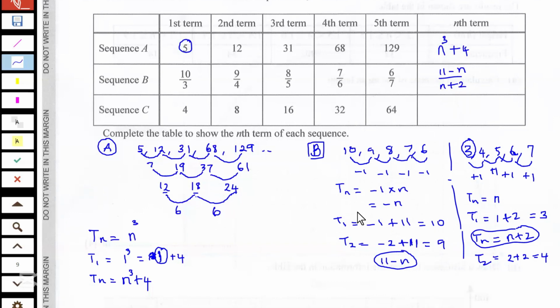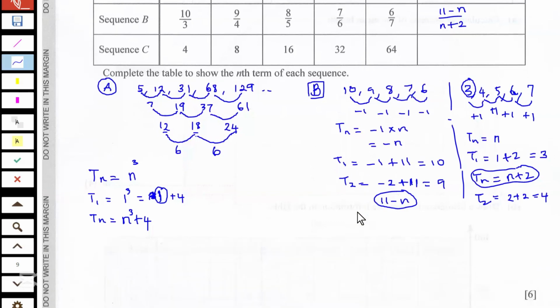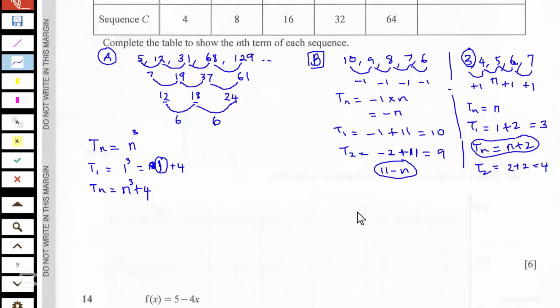Now, for the last sequence, sequence C, we have the list of the terms here. The terms are 4, 8, 16, 32, and 64.